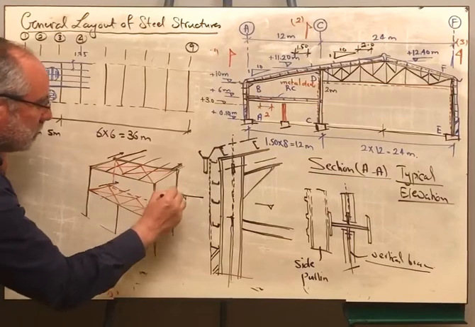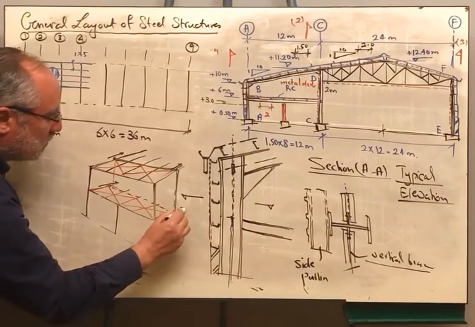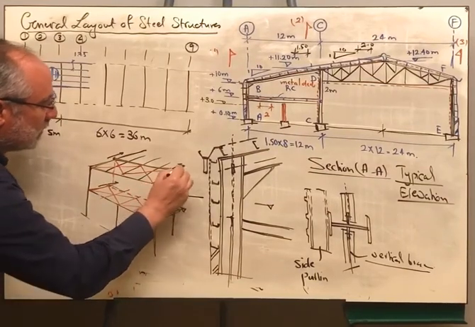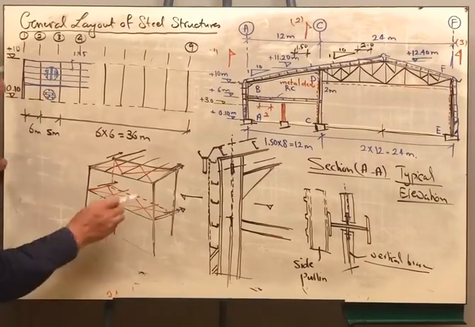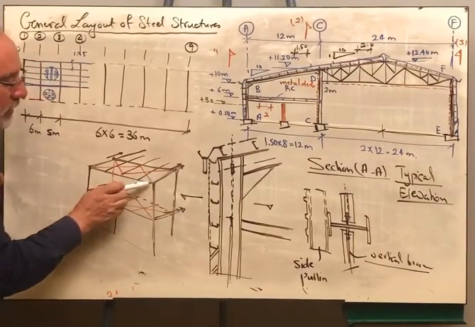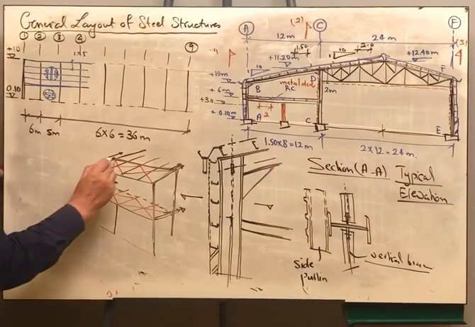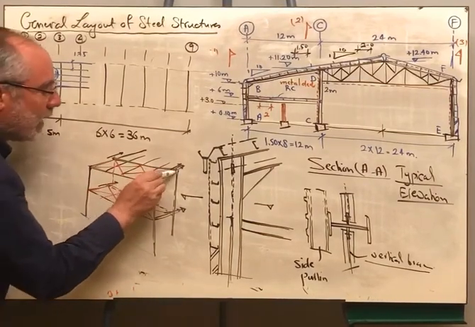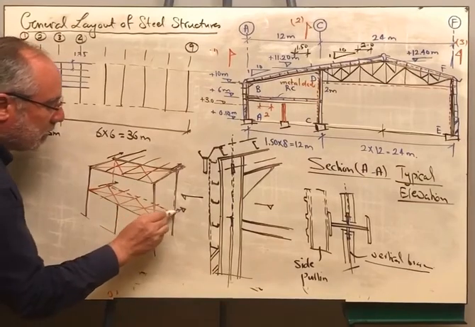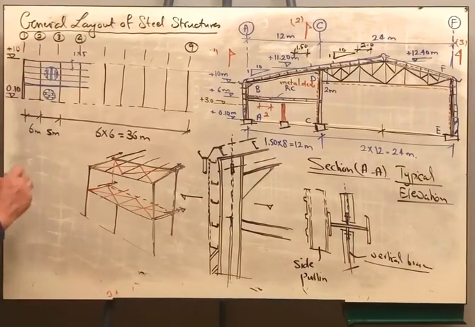Therefore, this frame will take a load at this point and at this point, right? These two points here are associated with the presence of the horizontal bracing. Because we are having upper bracing, there will be an out of plane force, and here I will have an out of plane force.